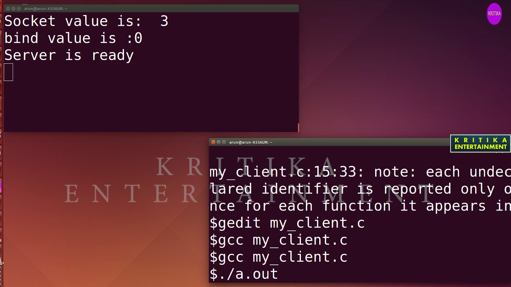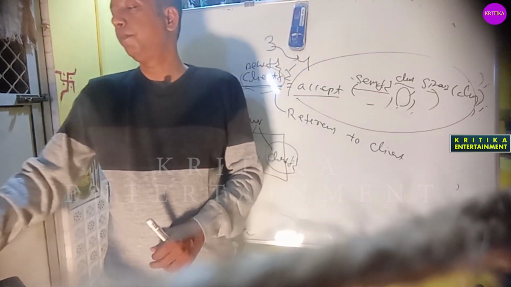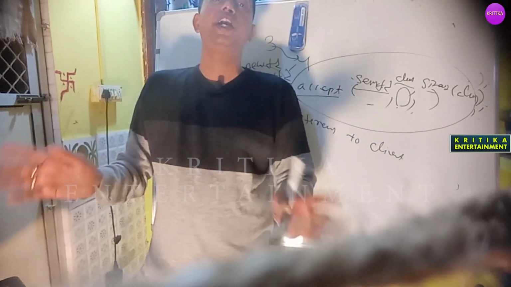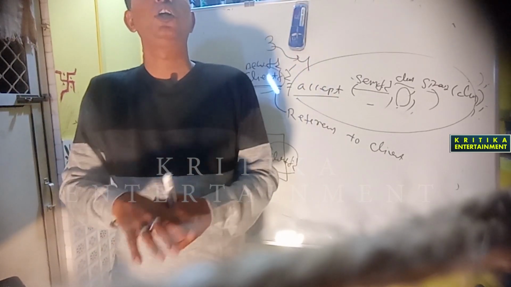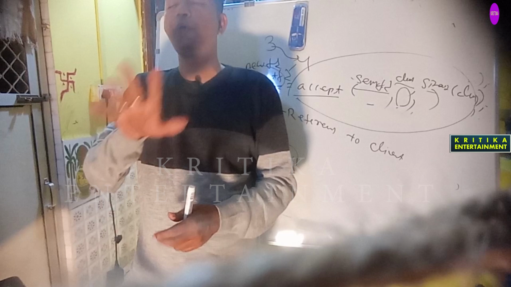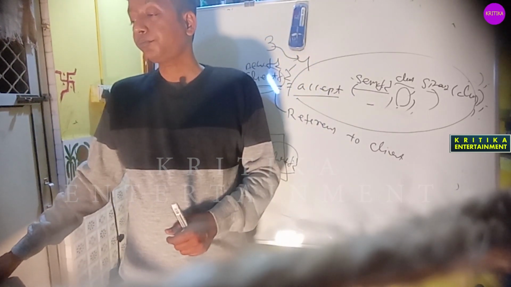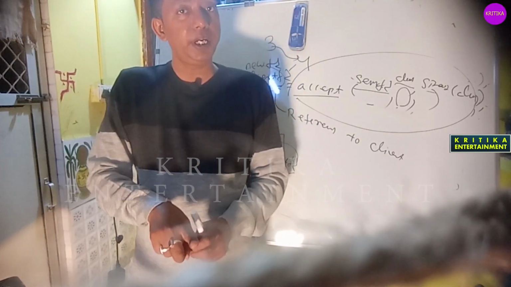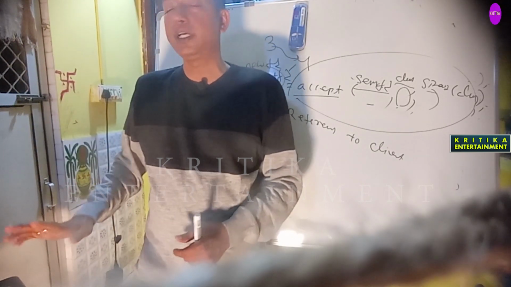Okay, you find server is ready, the value of client FD is 4. That means you can see two terminals connected with each other on a single machine. No need to take two machines. On one machine we can do the programs. So now the client will send one message to the server and the server receives it, and then the server will send another message and the client will display it.